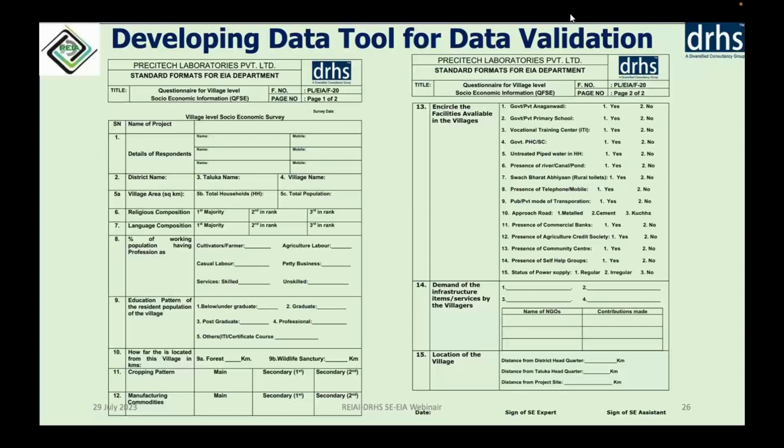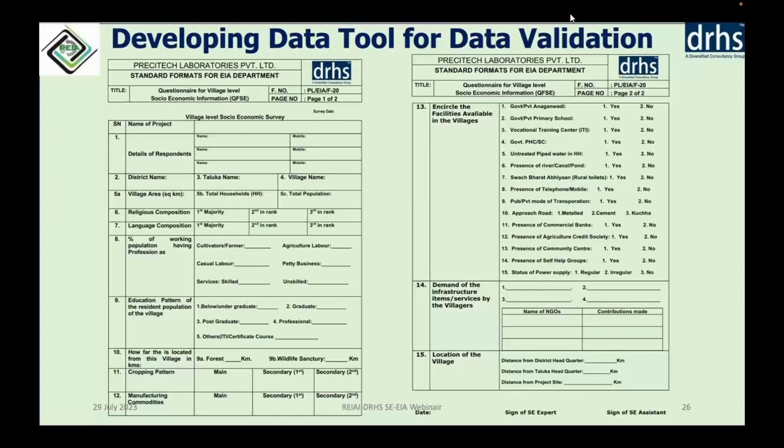If you are not getting data in the FGD, you should go for KII. Either go to the Sarpanch, or the school teacher, or take a very elderly person of the village. An elderly person knows everything, especially in ecology and biodiversity. I have experimented with this.